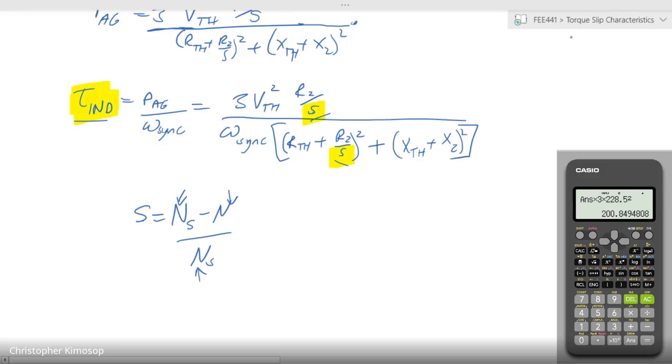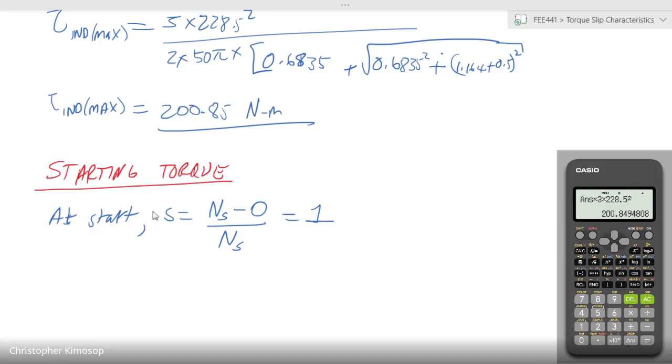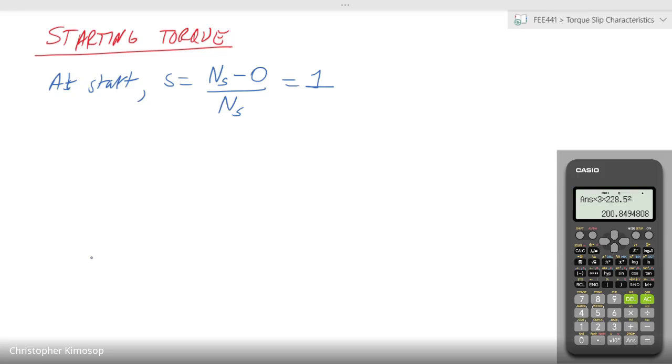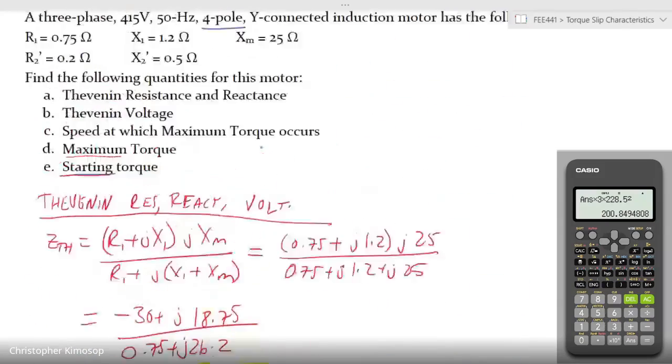So it's a simple calculation of the values that we've been talking of. Torque at start is equal to 3 times Thevenin voltage squared, which is 228.5 squared, times R2, which is 0.2. Let's confirm that.